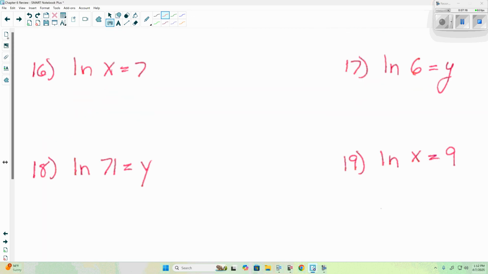Problems 16 through 19 are the same thing, but natural log of x equals y if and only if e to the y is equal to x. With natural logs, the base is understood to be e. So ln of x equals 7: the base is e to the what?